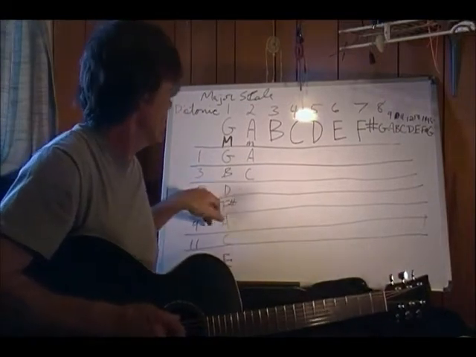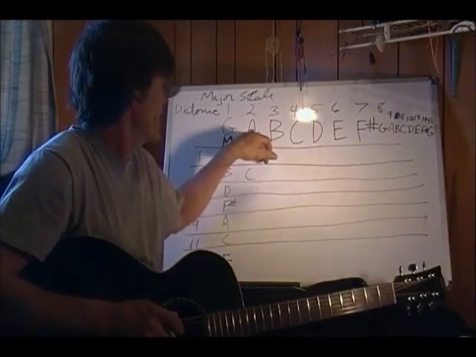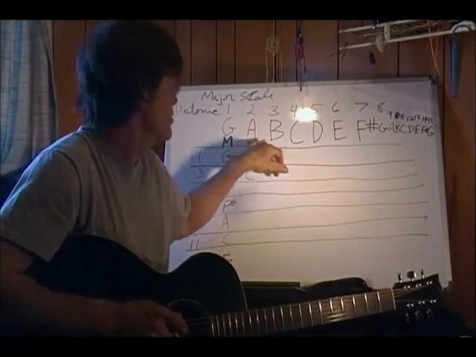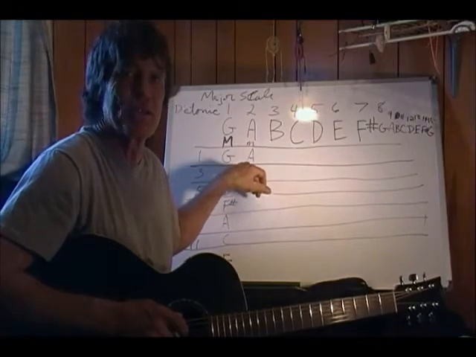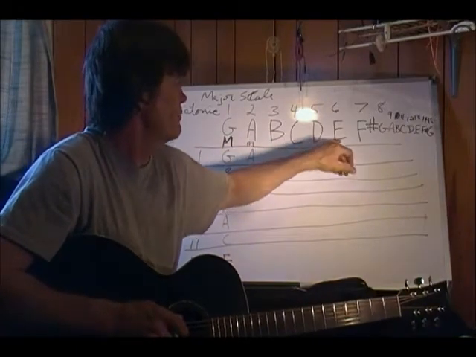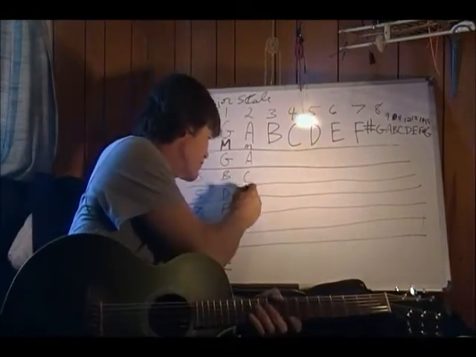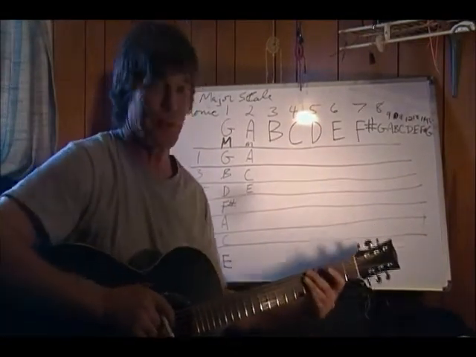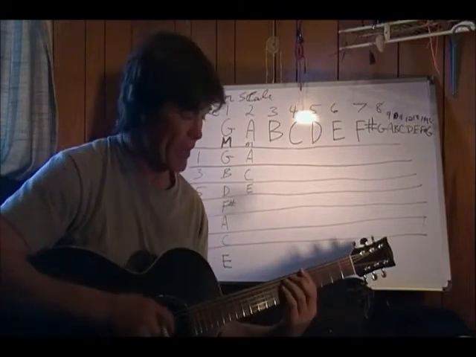Okay, so now we want the fifth. The fifth from A, we start at A and we count 1, 2, 3, we've got the C, 3, 4, 5. We want to put an E right in there. Okay? So we got the 3 notes for our A minor chord.